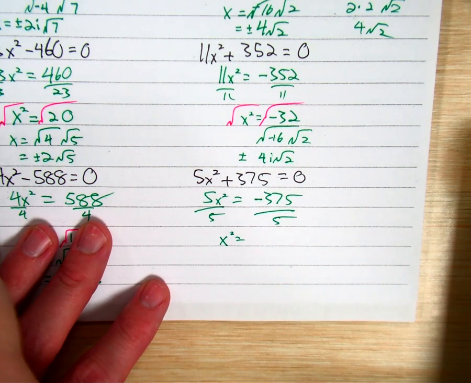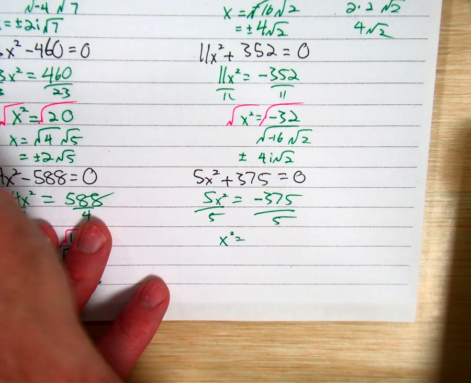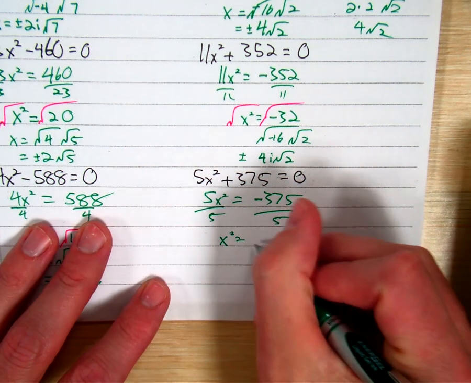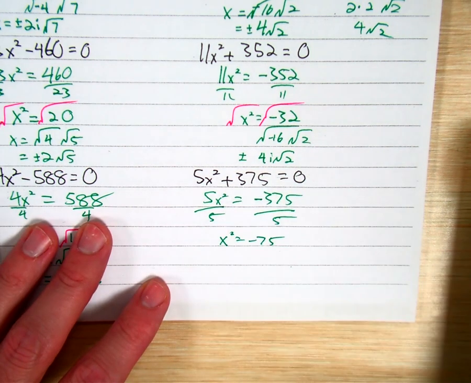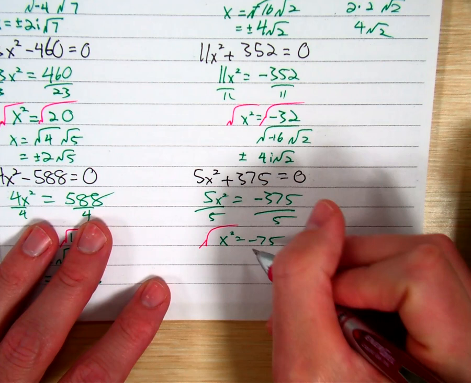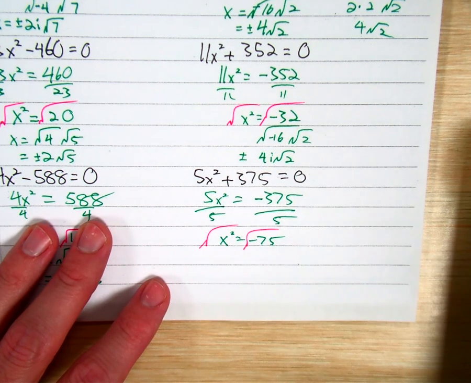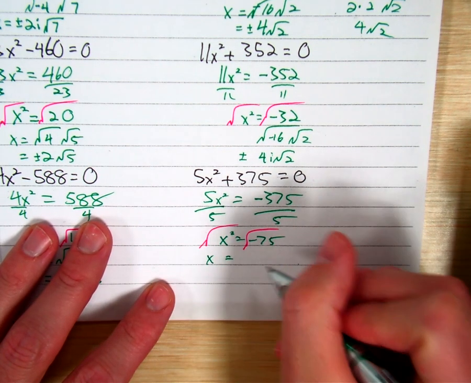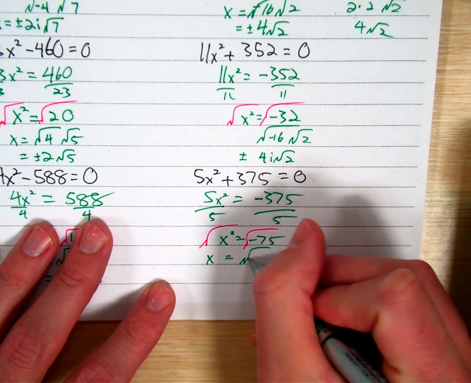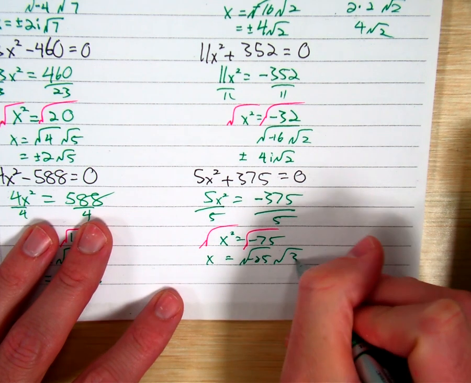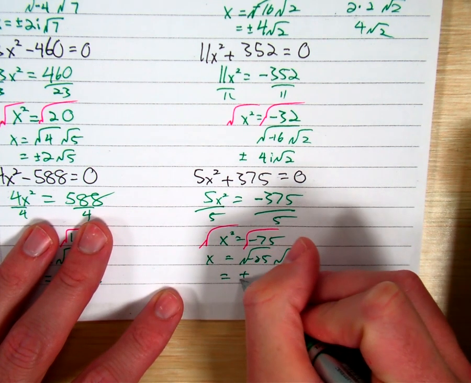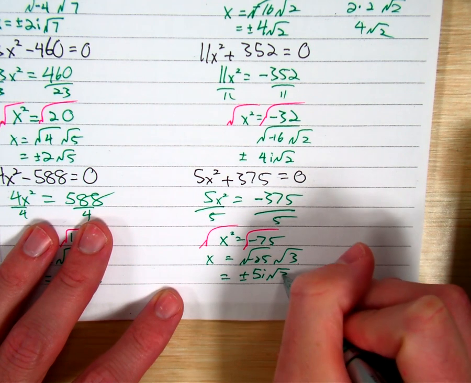Negative 375 divided by 5 is negative 75. Oh, I have a pretty good feeling about this square root. How about 25? Negative 25 and 3, plus minus 5i radical 3.